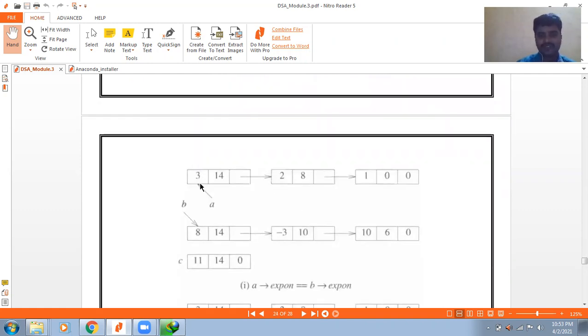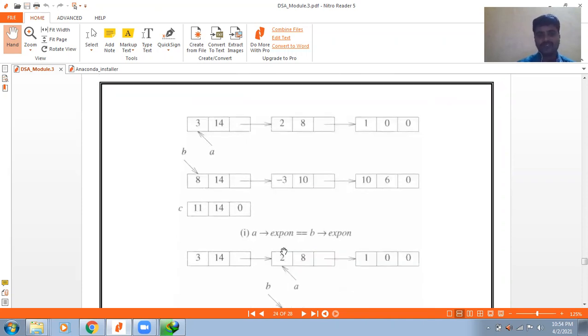Here, in a the coefficient is 3 and the exponent is 14. In b the coefficient is 8 and the exponent is 14. So in c the coefficient is 11 and the exponent is 14.